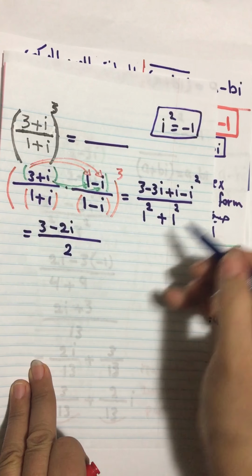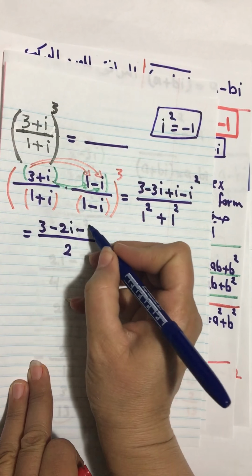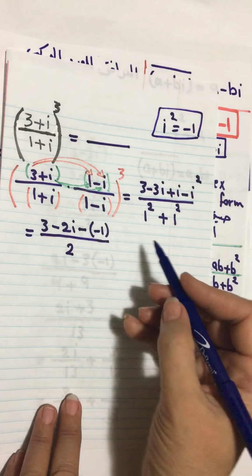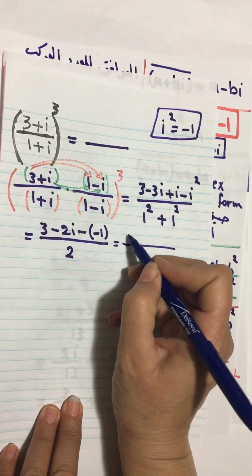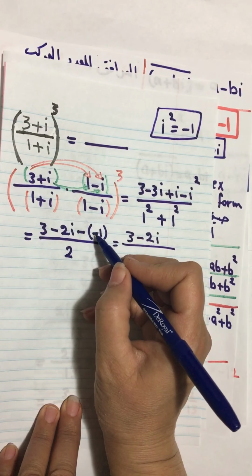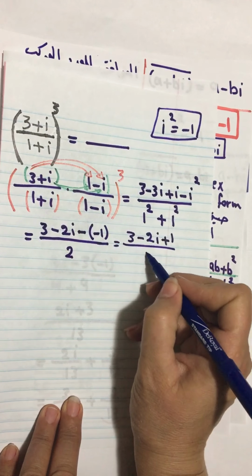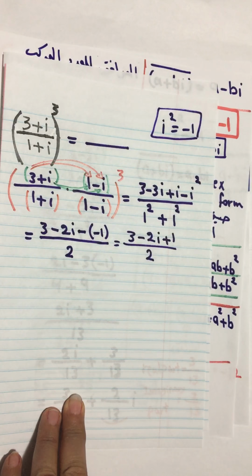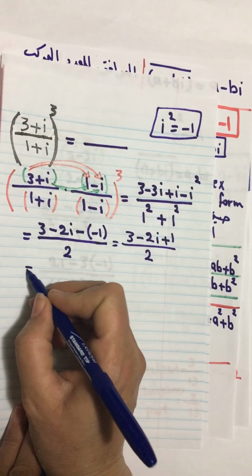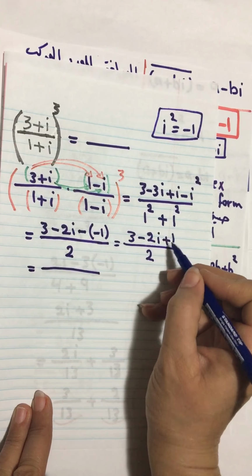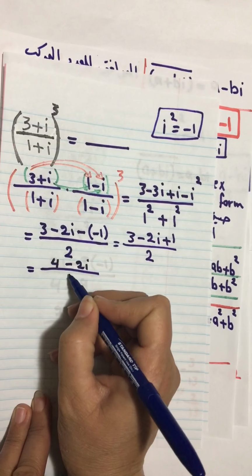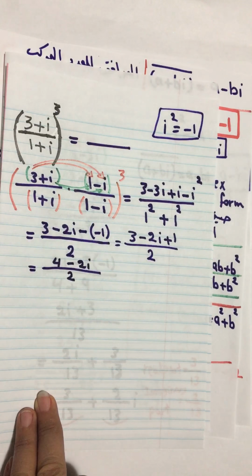So negative times negative 1 equals 3 minus 2i, negative times negative positive, it's going to be positive 1, over 2, which equals 3 plus 1, 4, minus 2i over 2.